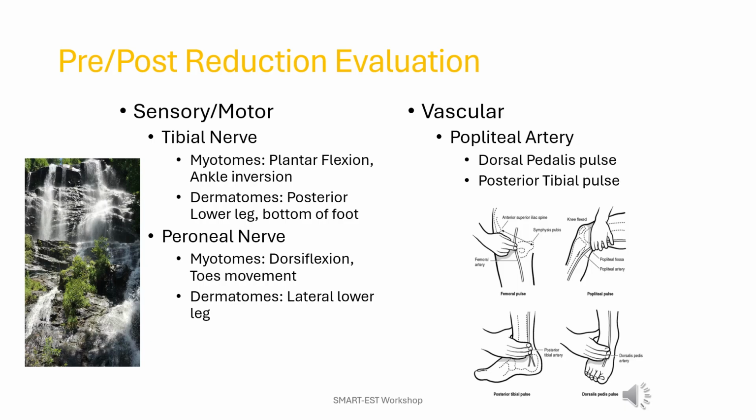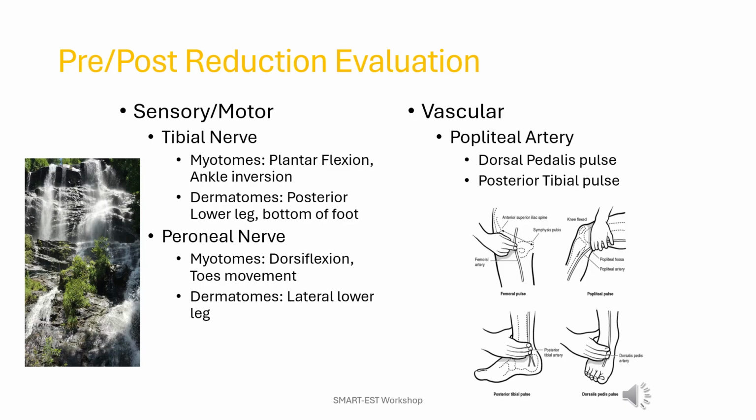As part of your pre and post reduction evaluation for an ankle dislocation, sensory and motor, again, we're focused on the tibial nerve and the peroneal nerve, with the motor myotome functions for the tibial nerve being plantar flexion and ankle inversion.